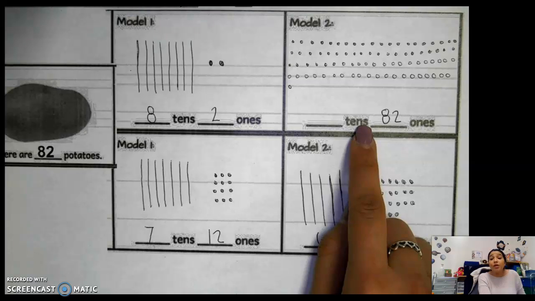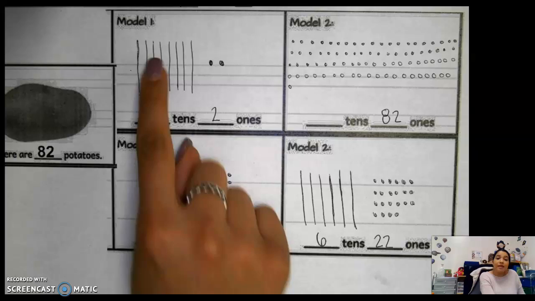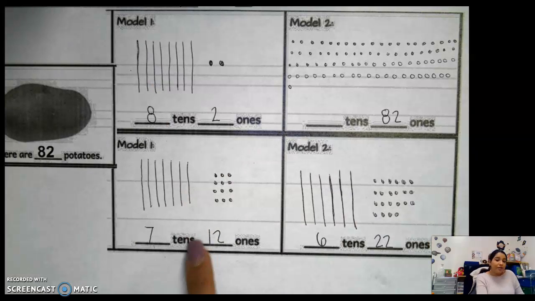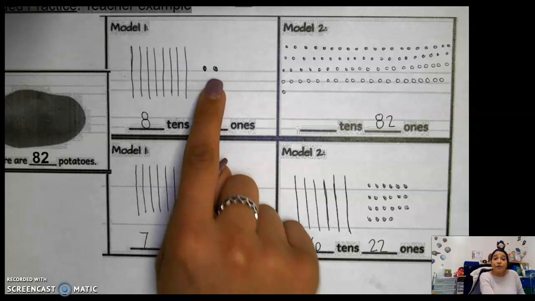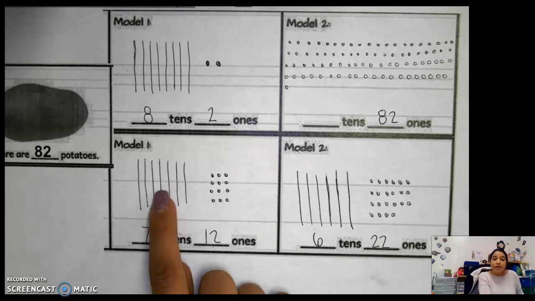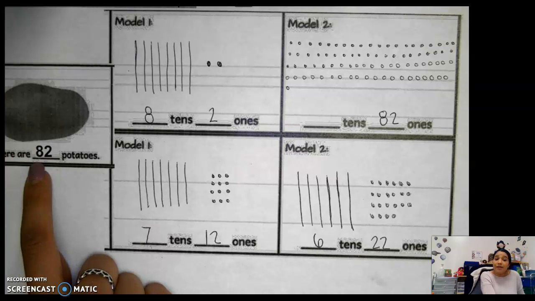So it's always a great idea to count by tens, because as we can see in these other 3 models, we counted by tens, and it was a lot faster, and we were able to have more tens and a little less ones. So it's great if you count by tens. So always, always, always try to count by tens when you can, and use as many 10 longs as you can to represent the given number.